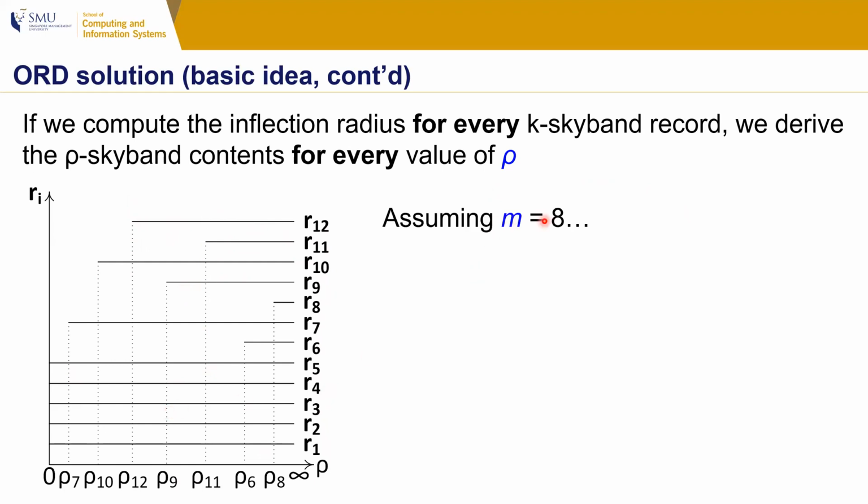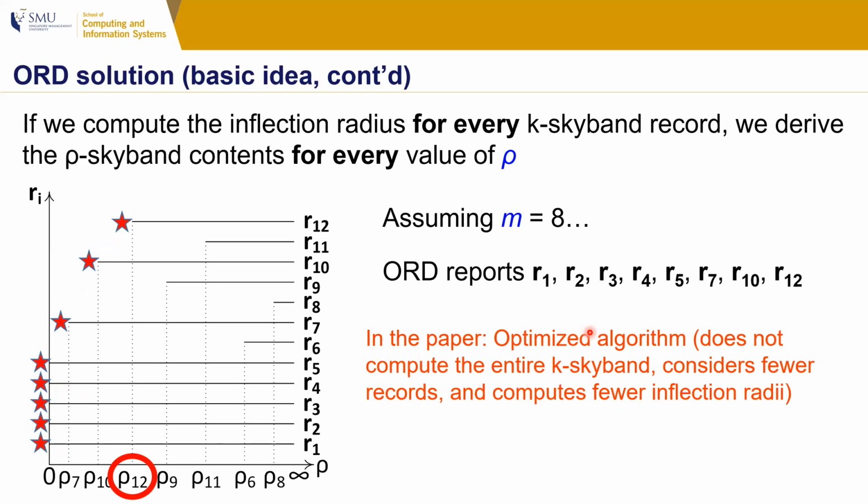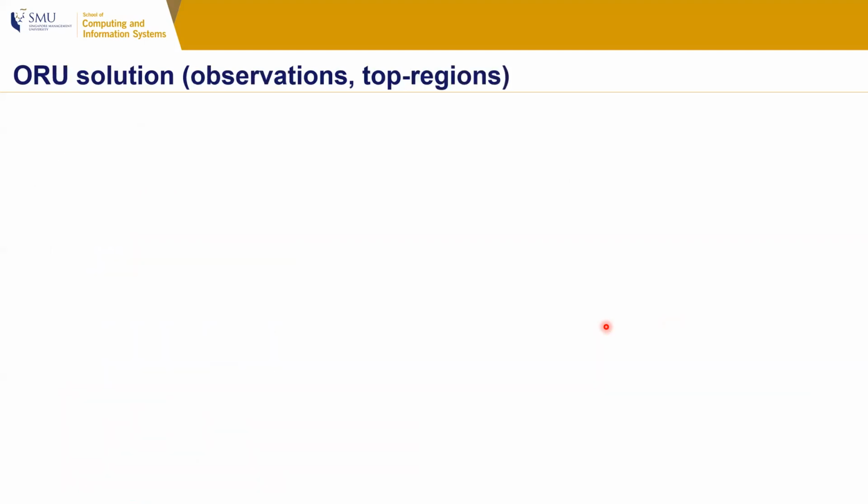So all I need to do, if I need to produce m records in the output, let's say m is 8, is simply take the 8 intervals that start at the leftmost positions. These 8 intervals are going to tell me what my ORD results are. In the paper, of course, we have an optimization where you don't need to compute and consider the entire K-Skyband, which reduces the computational cost quite a lot. So efficiency is one of our main objectives.